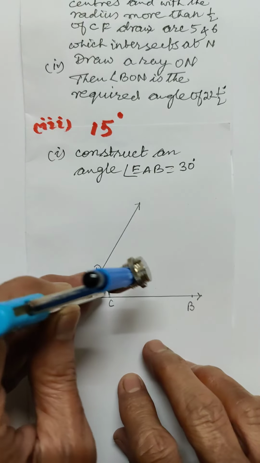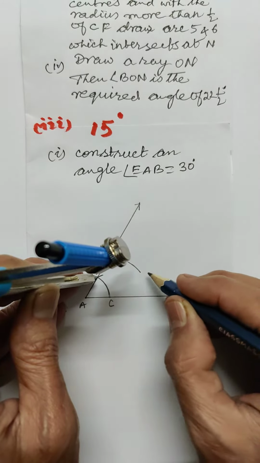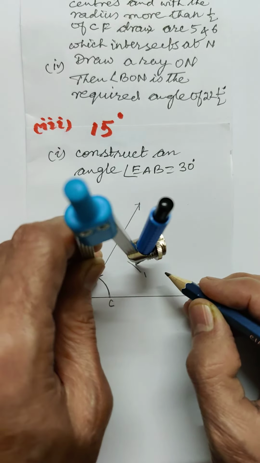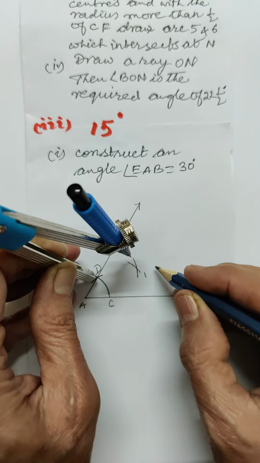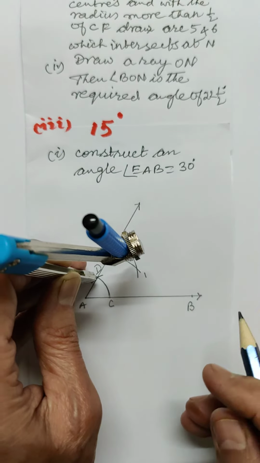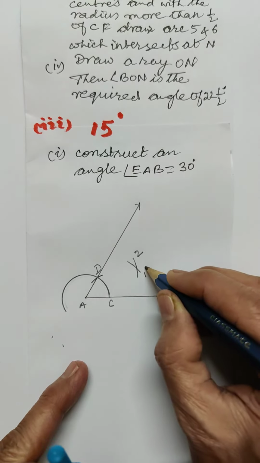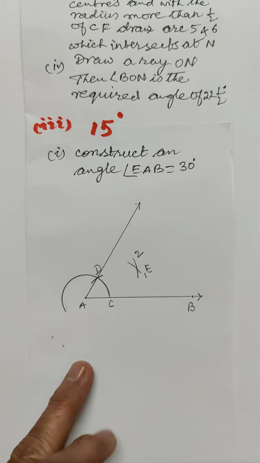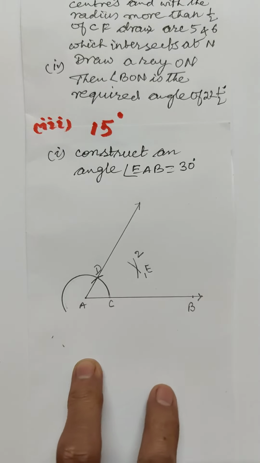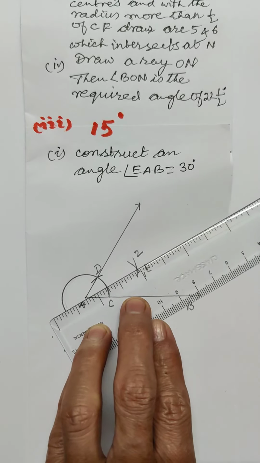This is the first arc, and the second arc intersecting the first, say at point E. We join E to A, draw a ray joining AE.